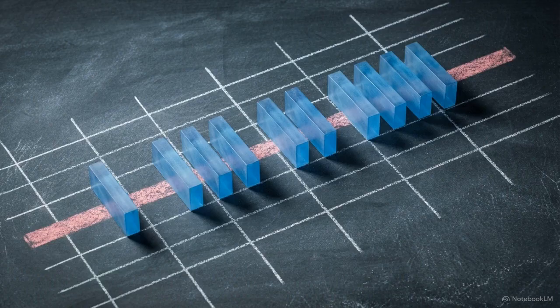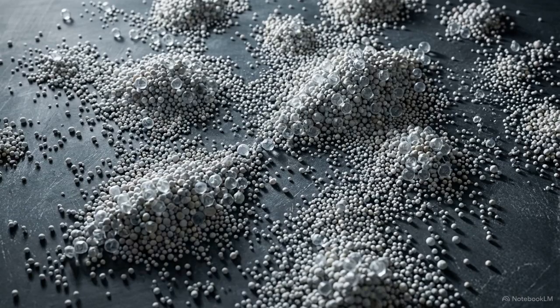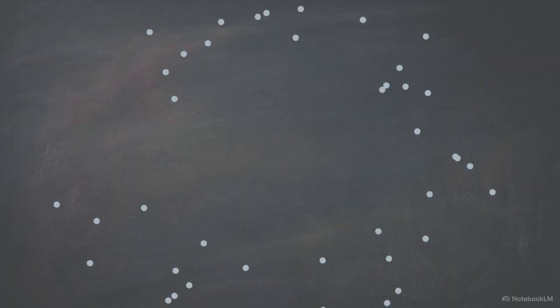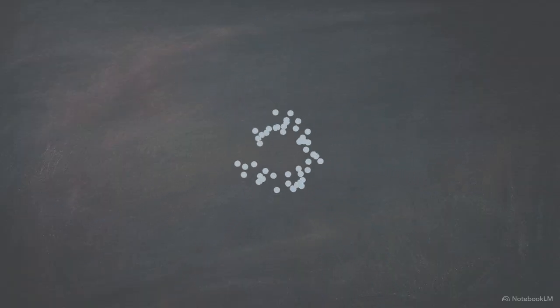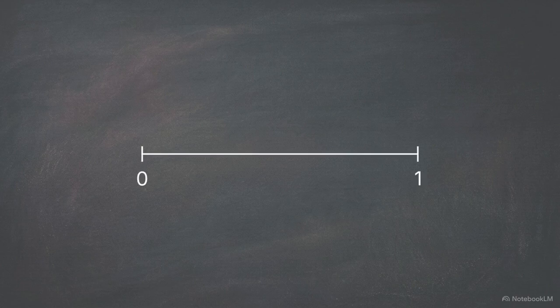Covering spaces with intervals is only one method of measurement. Topologists also developed an alternative, point-based tracking system called limit point compactness. Under this definition, a space is compact if every infinite subset of points placed within it is forced to cluster around at least one specific limit point. If you drop an infinite number of points into the bounded 0 to 1 interval, they have nowhere to run.